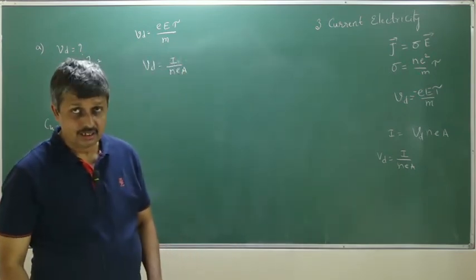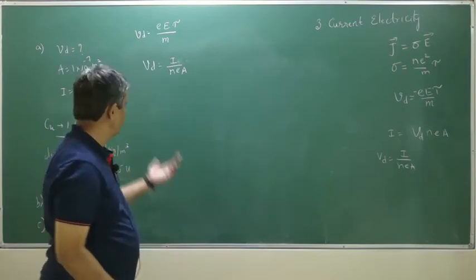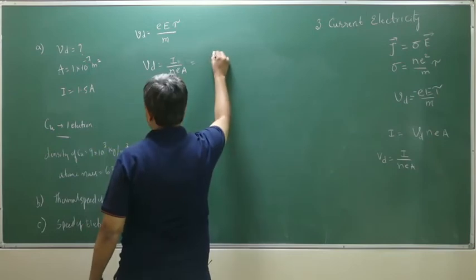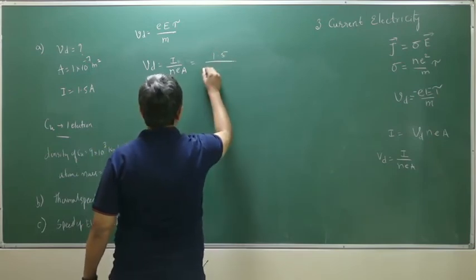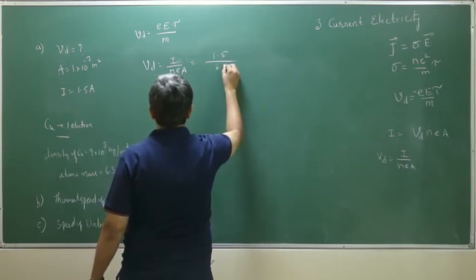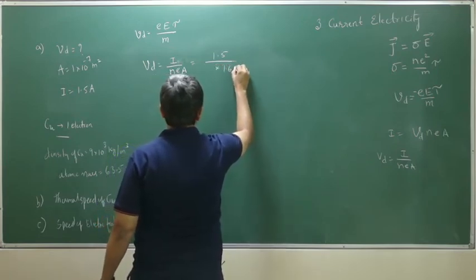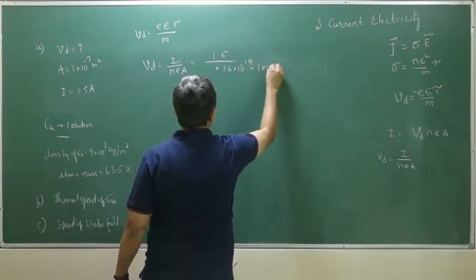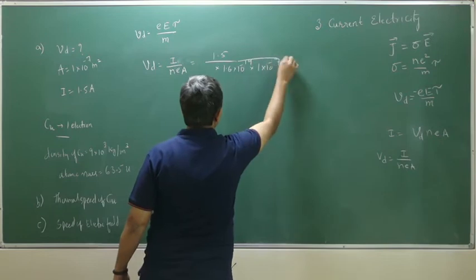We know E is 1.6 into 10 power minus 19, and A is also given as 1 into 10 power minus 7. The current is 1.5. This we know.